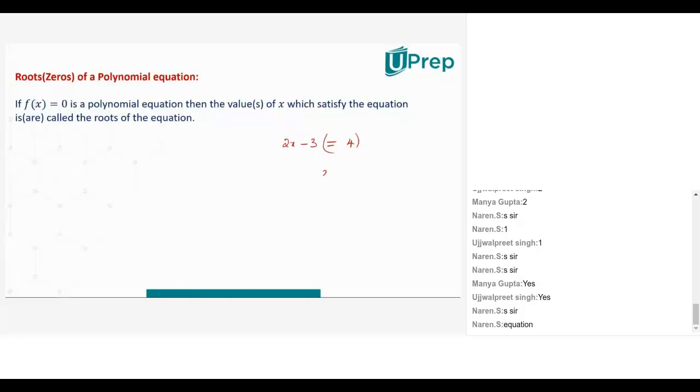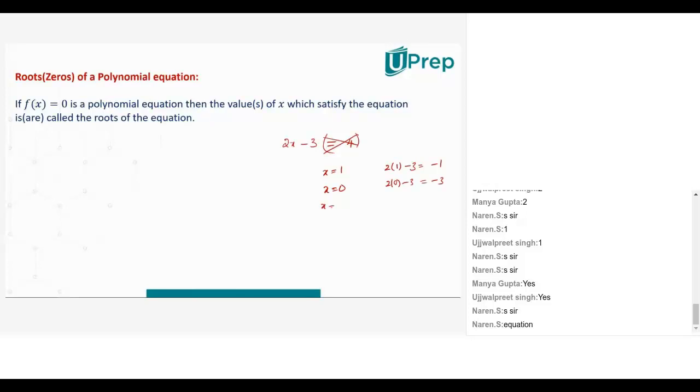What happens if I put x equal to 1 in that? Forget about this 4, that we will put in later. Only 2x minus 3. What will be the expression value? 2 into 1 minus 3. That gives me 2 minus 3, which is minus 1. Value changes. If I give x equal to 0, the expression gives me 2 into 0 minus 3. That gives me minus 3.